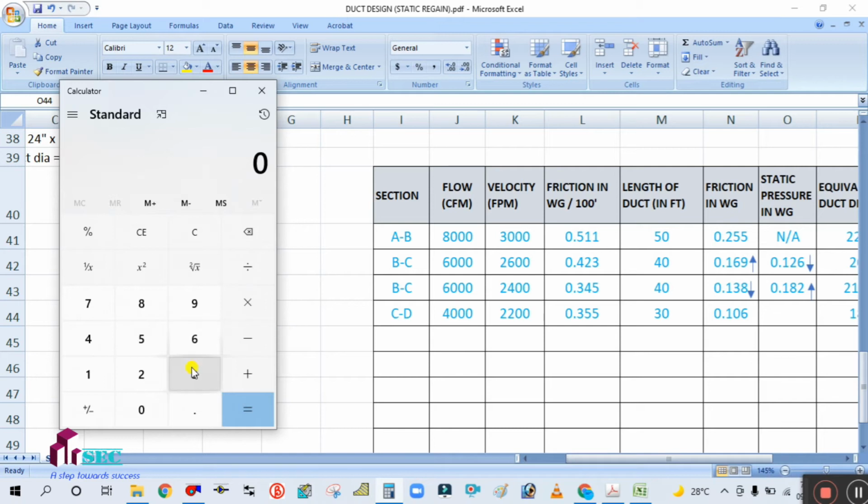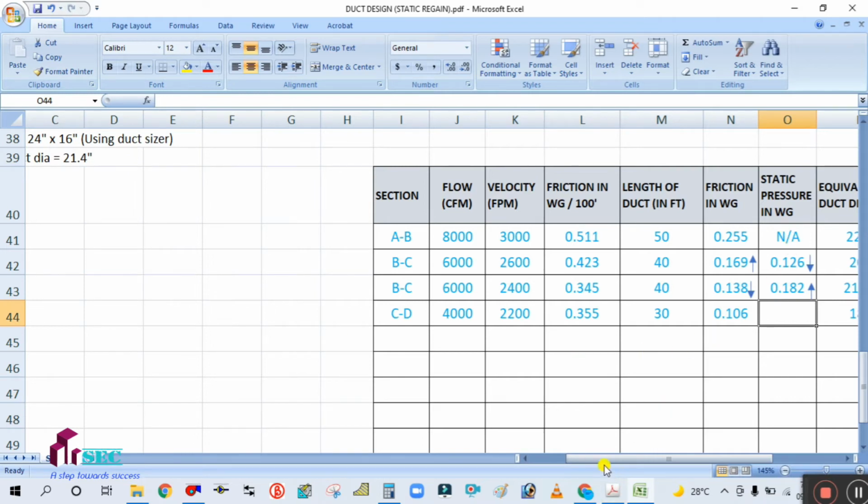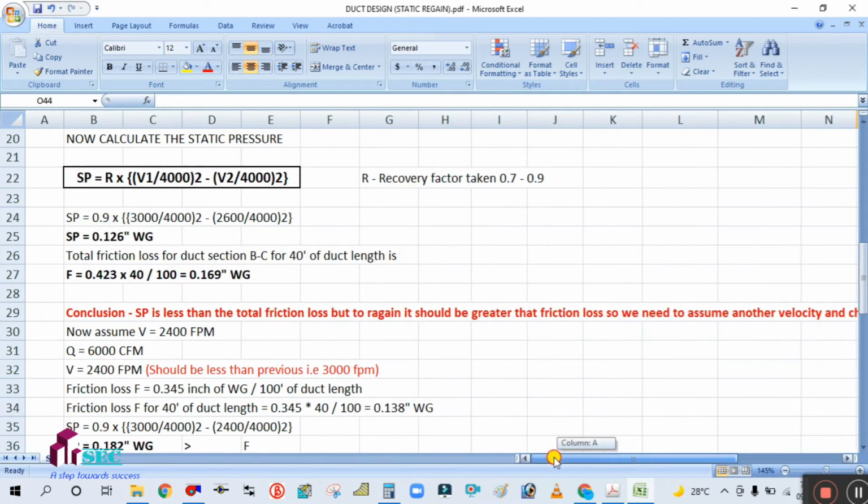And then this one, 2200 divided by 4000, is equal to 0.55, and whole square is 0.302. So 0.36 minus 0.302, 0.05 into 0.9, so 0.052. So the static pressure will be 0.052.